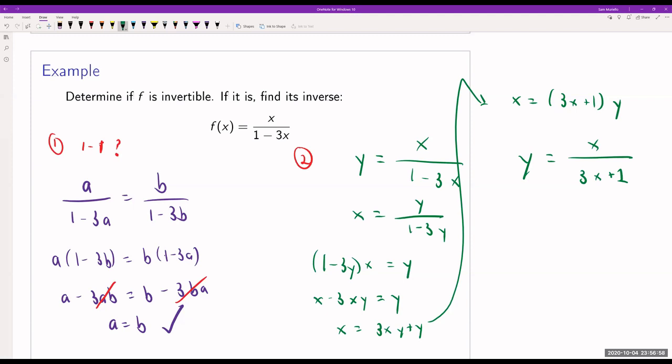Every single thing that I did here I was allowed to do, and I'm getting out a single function. Therefore, we are invertible, and this is the inverse. F inverse of x is equal to x over 3x plus 1.